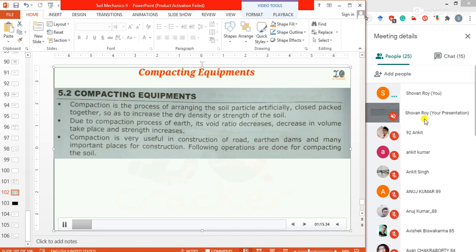You can see these are compacting equipments.